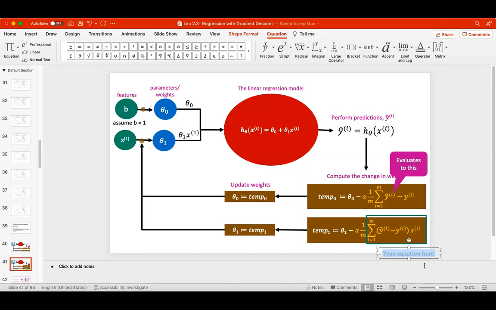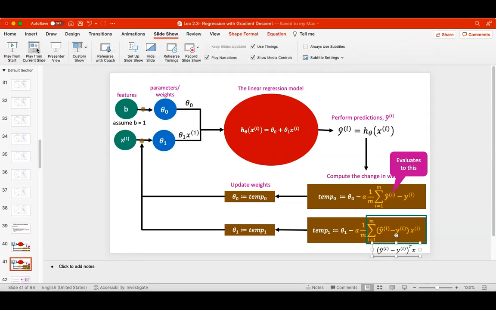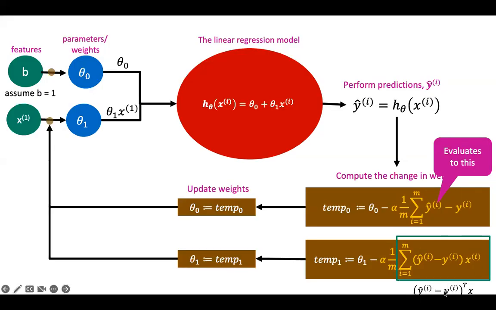So this will essentially be equivalent to the dot product of the error, y hat minus y, and x.